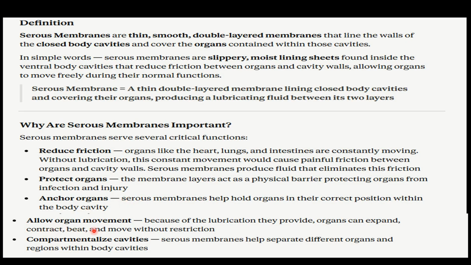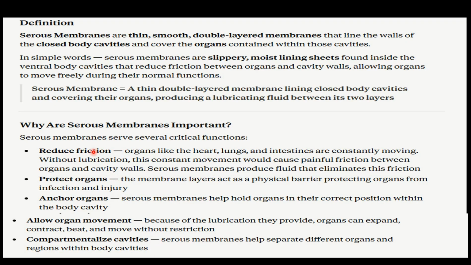The next point says allow organ movement. Because of the lubrication they provide, organs can expand, contract, beat and move without restriction, and that is why we say that it allows organ movement. The next point says compartmentalization of cavities. Serous membrane helps separate different organs and regions within the body cavity.